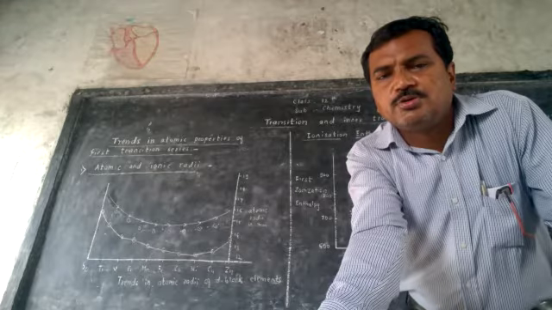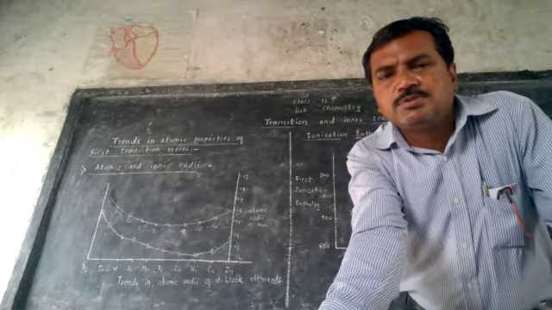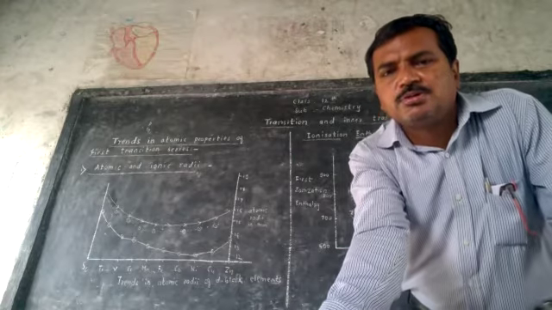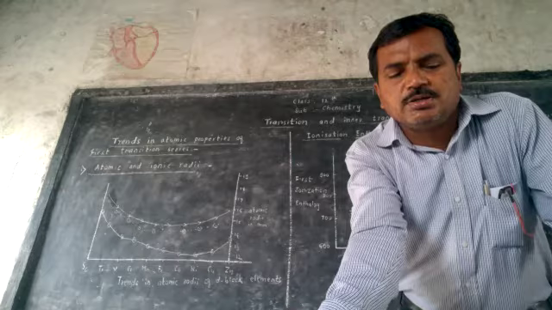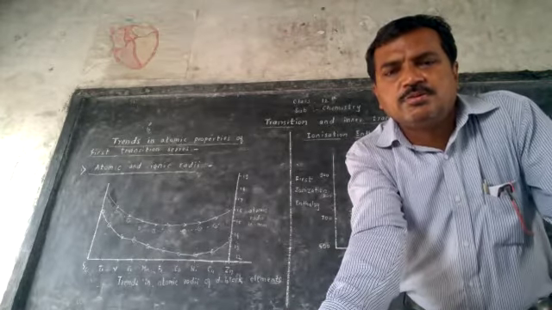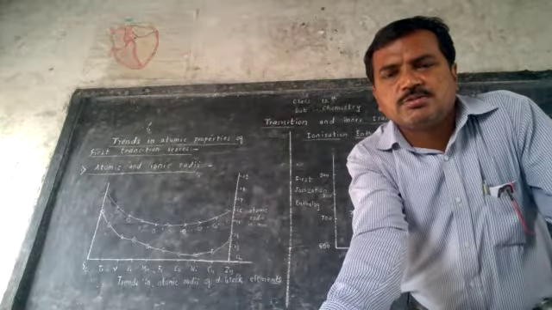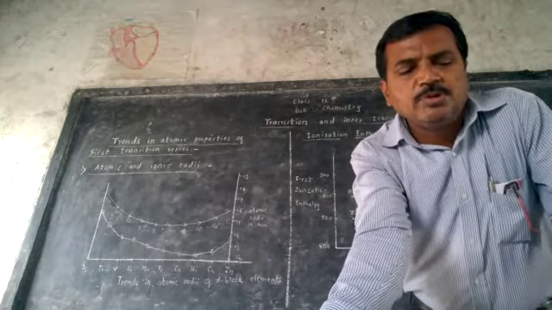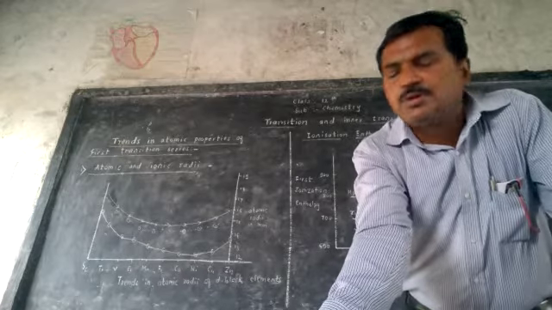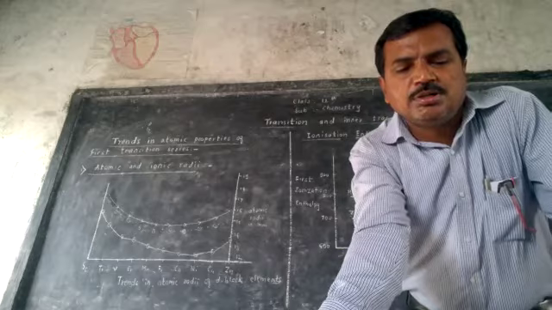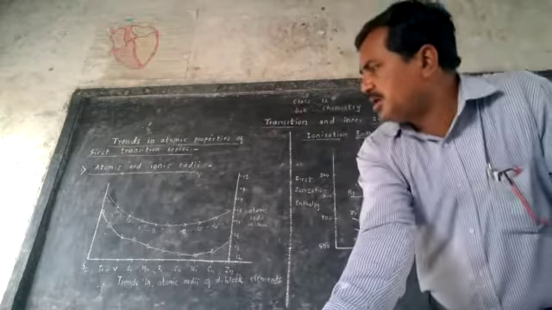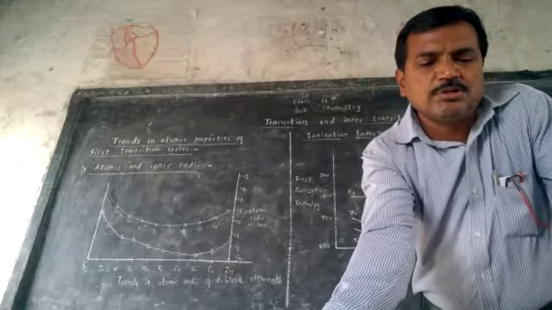And ionic radius is the distance between the nucleus and the outermost orbit of an ion. The atomic radii of elements of a transition series decrease gradually from left to right as the atomic number increases.